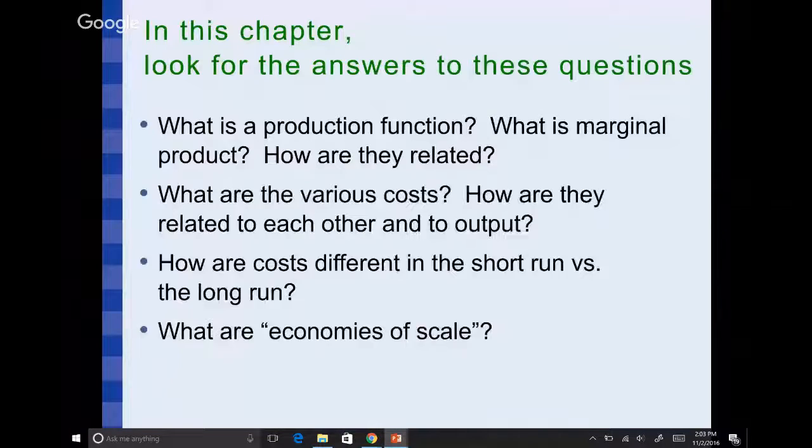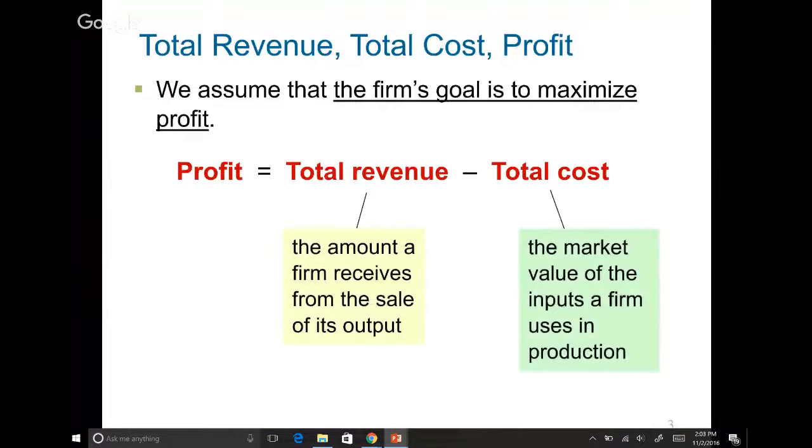So definitions. Profit equals total revenue minus total cost. Total revenue, think of this as the money you're collecting from customers. It's how much cash you have in your cash register.